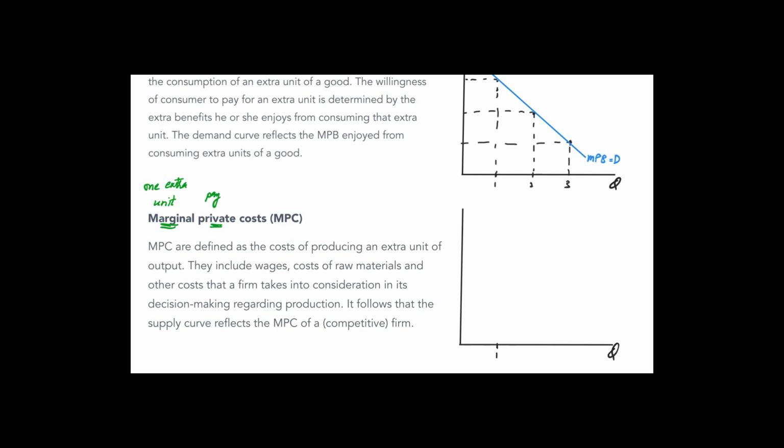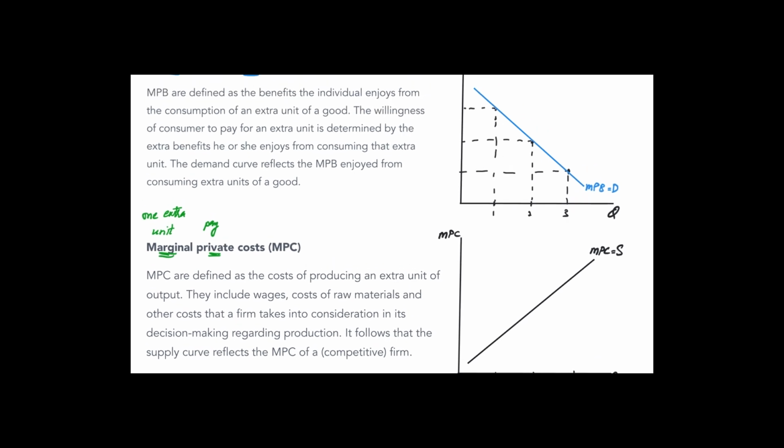So the thing is, since resources are scarce, in order to produce more, I have to acquire more resources, and in order to acquire more resources, I have to pay a higher price for these resources. And that's how my marginal private cost or the supply curve looks. Over here, I'm going to write marginal private cost because I'm looking at the private cost.